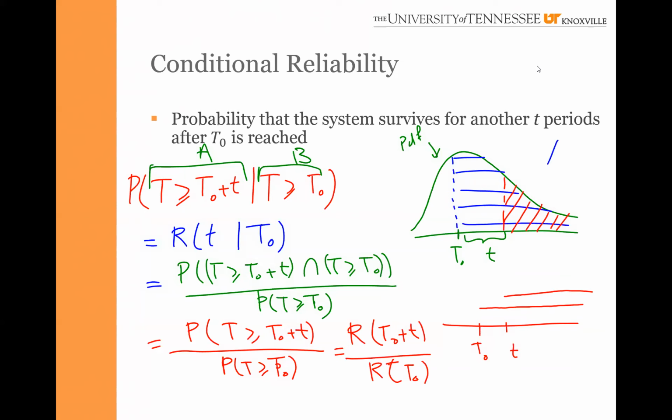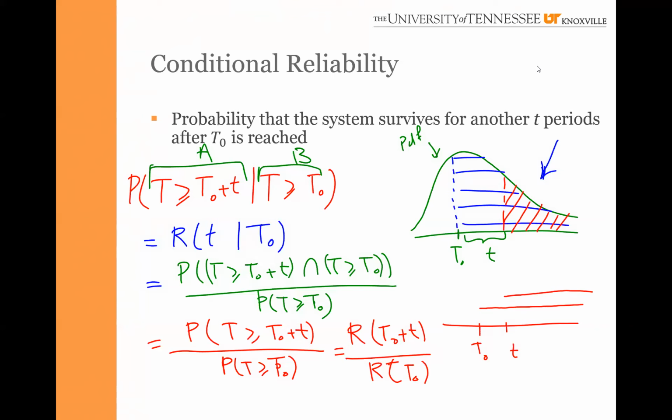Now let's look back at our diagram or our plot. What is the numerator to the denominator? It's as if I'm looking at the proportion of where they both happen, right? Over, I'm slicing it. I'm scaling it for when it's greater than or equal to T0.